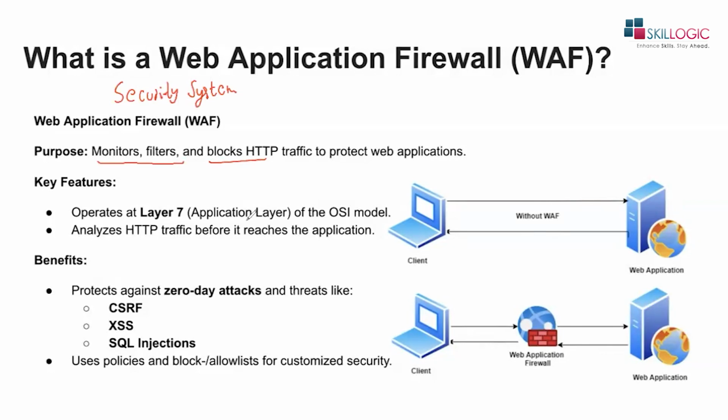This means it just looks at the HTTP traffic. It looks at the HTTP requests to decide whether they are safe or malicious. It inspects the data before passing it to the web application. That is the role of this firewall.